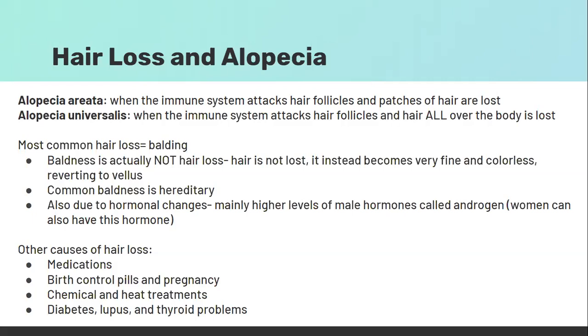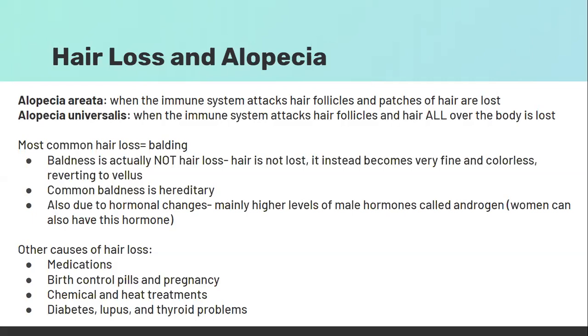It only attacks hair follicles on some parts of the body. Alopecia universalis is when the immune system attacks hair follicles all over the body, and all of the hair is lost. People with alopecia areata might still have hair in some places, but with universalis they don't have it anywhere.